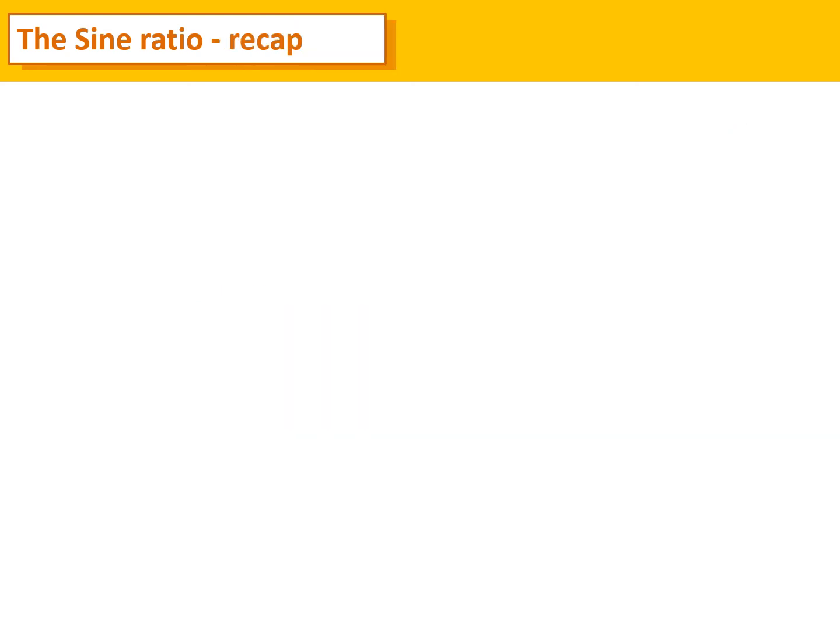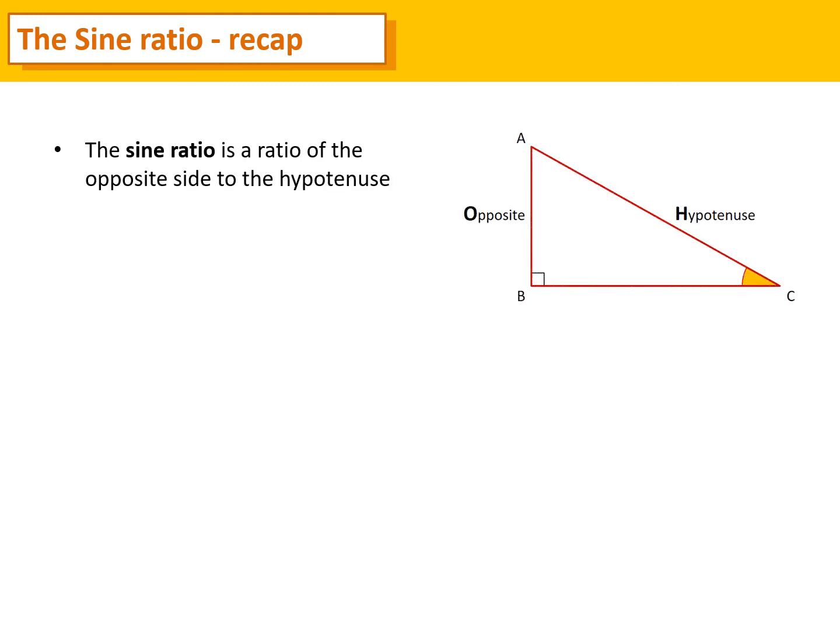Let's put all that together then in a recap. The sine ratio is a ratio of the opposite side to the hypotenuse. With an angle marked in, the eye of the angle looks at the opposite side and the right angle looks on at the hypotenuse. The sine of the angle is the opposite divided by the hypotenuse.